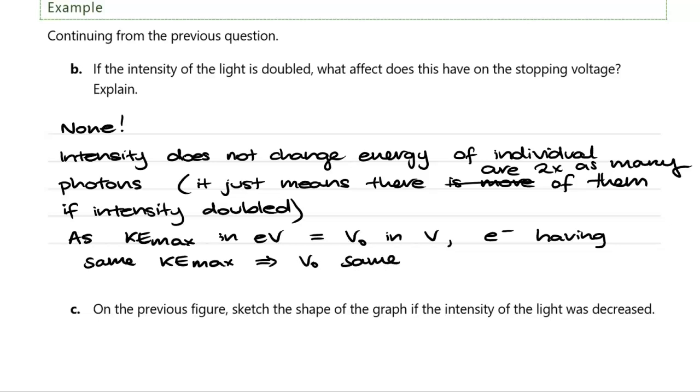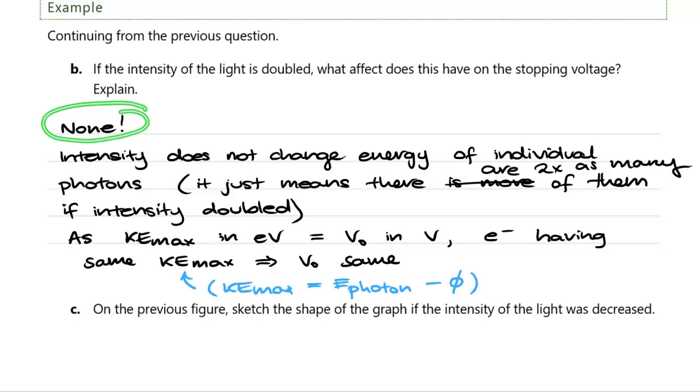And they have the same Ke max because remember, Ke max was equal to the energy the photon supplies minus phi. Okay, our claim is that we do claim evidence reasoning when we're explaining.